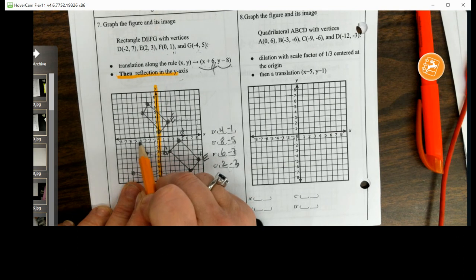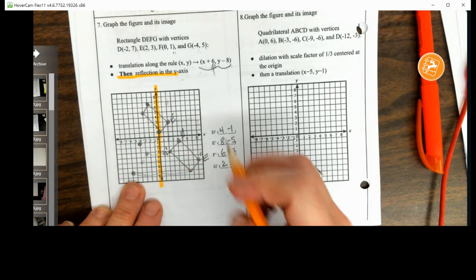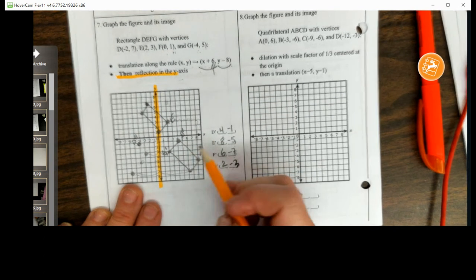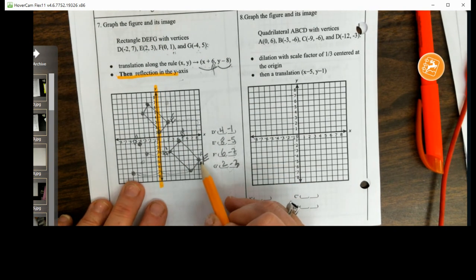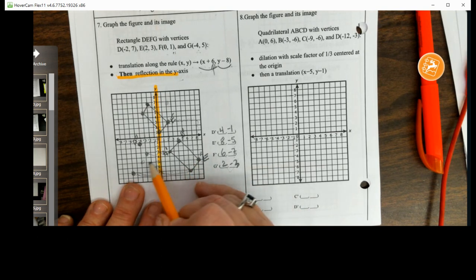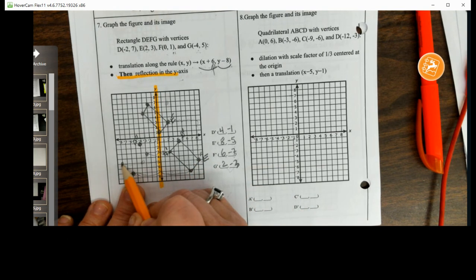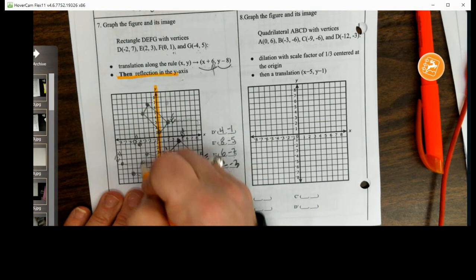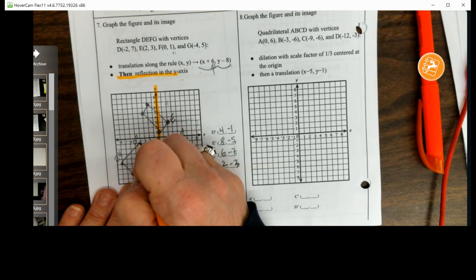So this is D double prime, and E goes to negative 8. So this is E double prime. So this is actually my final answer.